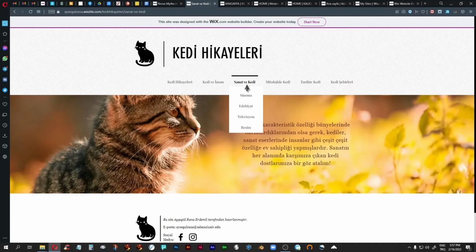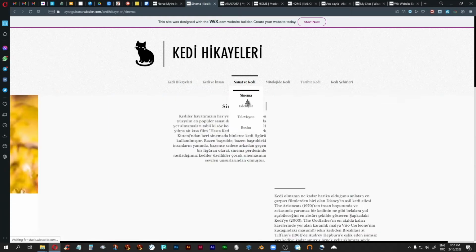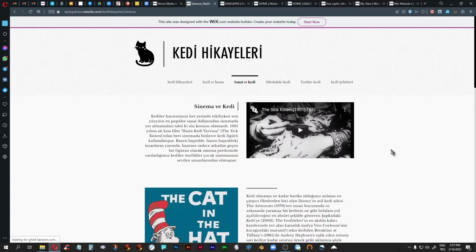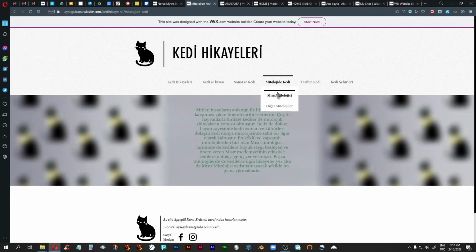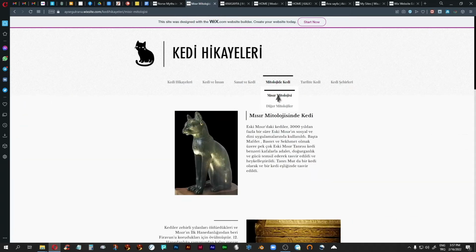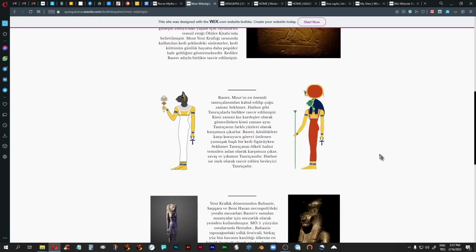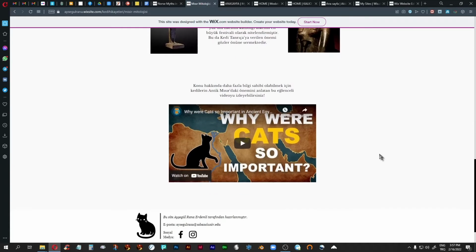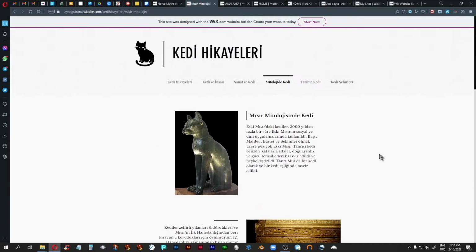The second one is cats in art, and then she has a bunch of subcategories where she's talking about cats in the movies, in literature, TV, painting. Then there's a link with sub-pages on mythology, and there's one that is specifically about Egyptian mythology, which is not surprising. Again, she researched all of this. Some she knew, but most she actually researched.